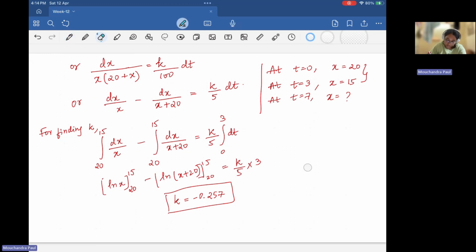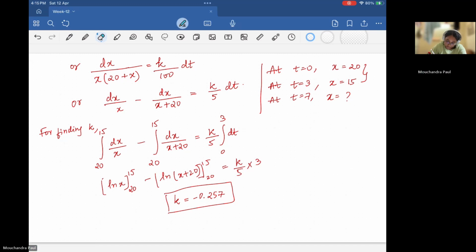This term here on the left hand side is 0.15 into 3, which is 0.25.